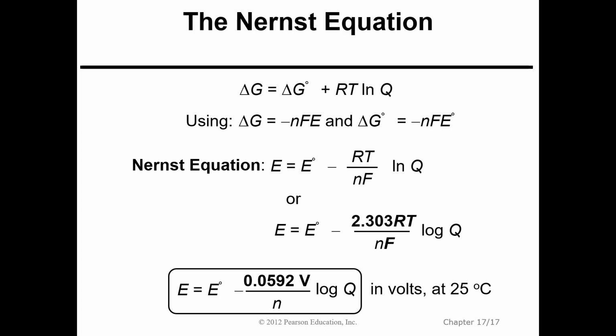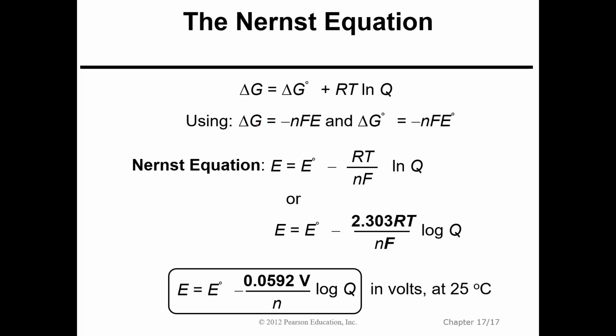If we think back to thermochemistry, we learned that delta G was equal to delta G naught, which is delta G under standard conditions, plus RT times the natural log of Q. We also talked about earlier in this chapter that delta G in electrochemistry is equal to the number of moles of electrons times the Faraday constant times the cell potential.